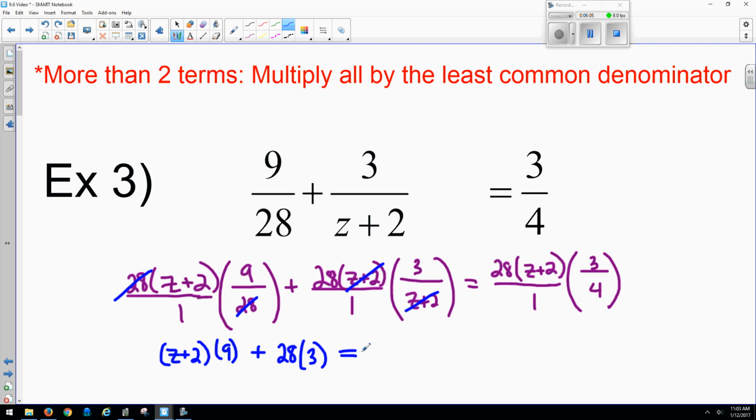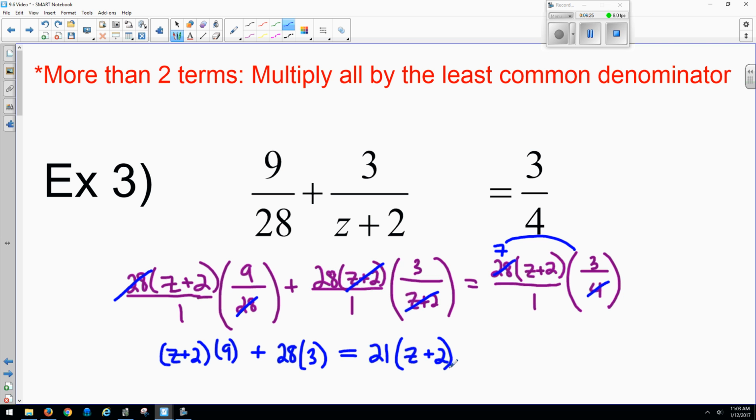Bring down the equal sign. And over here, the 4 divides out with the 28, and I'm left with a 7 times (z plus 2) times 3. In this step, I'm just going to multiply the 7 and the 3. I have 21 times (z plus 2).